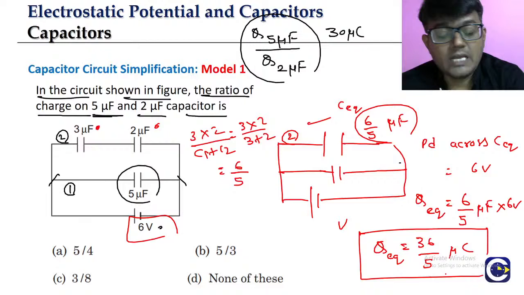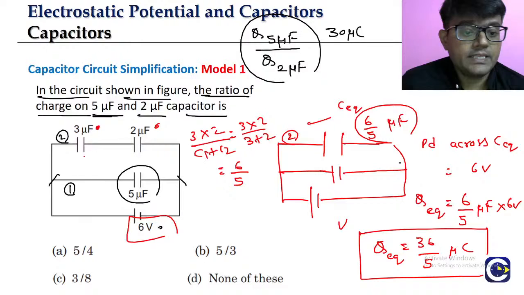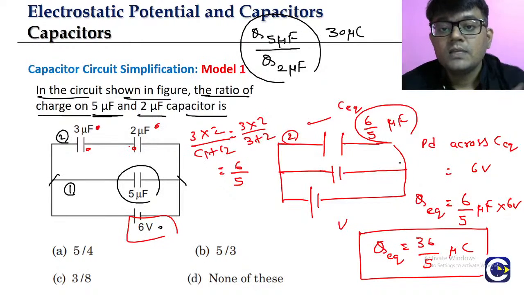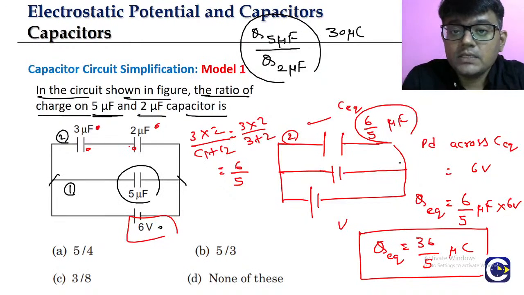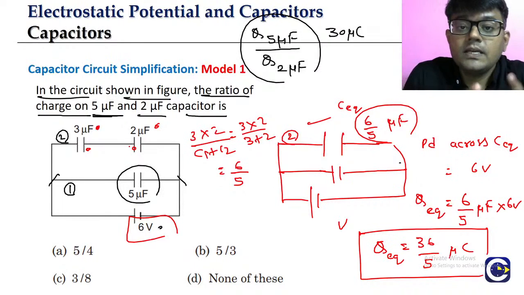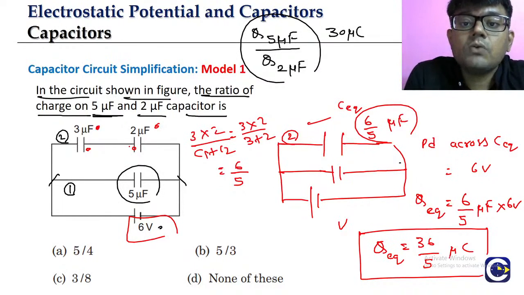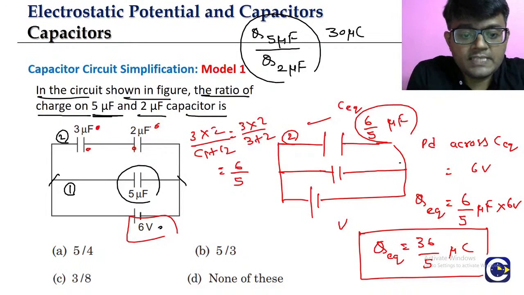Remember? When you have a series combination of capacitors, here 3 and 2 are in series, the charge on each of them will be equal and it will be equal to the charge on the equivalent capacitance. We replaced the 3 microfarad and 2 microfarad together using the equivalent capacitance.